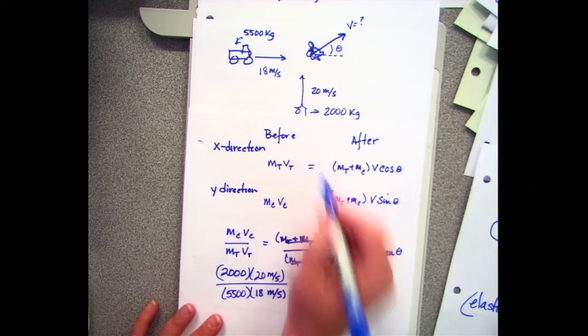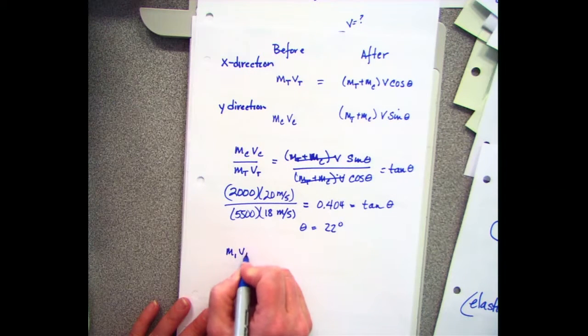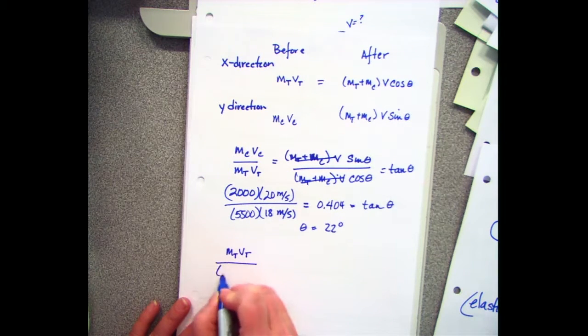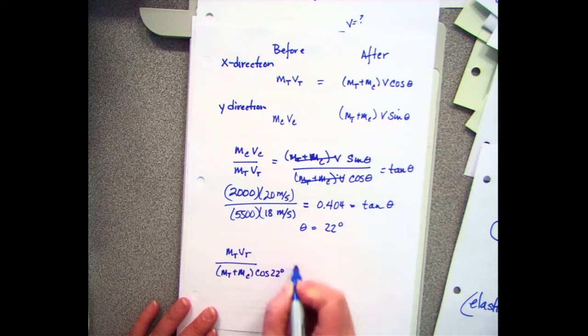Now I just plug it into one of those. So we'll do the truck. So I get mass of the truck, velocity of the truck, divided by the combined mass, mass of the truck plus mass of the car, cosine of 22 degrees is going to equal the velocity.